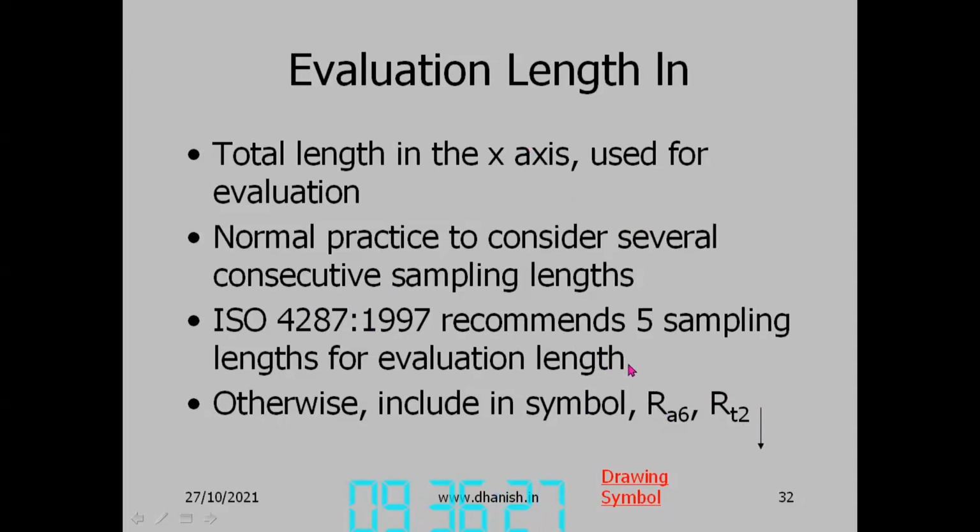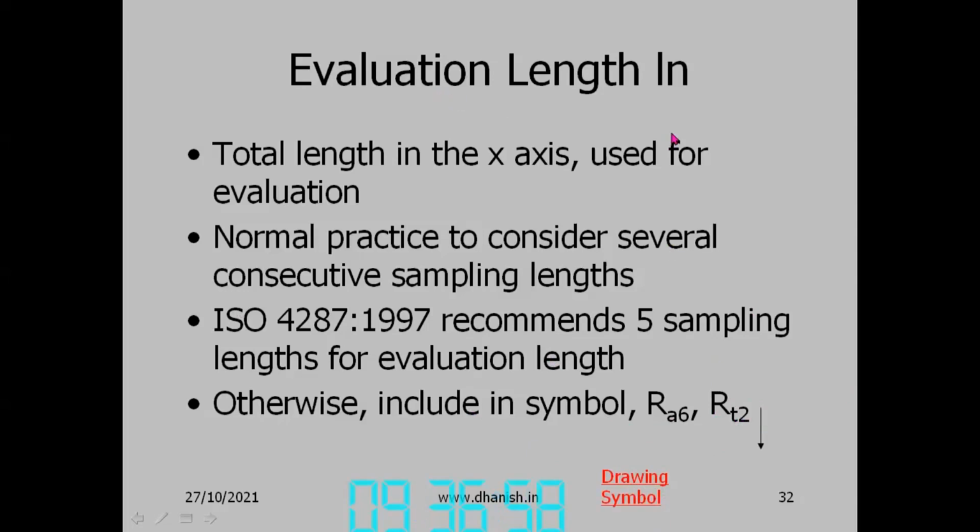If you simply say Ra, it means Ra from 5 sampling lengths. If you are determining from 6 sampling lengths, you should say Ra6. If you are determining Rt from 2 sampling lengths, you should say Rt2. Already we are seeing the drawing symbol and how this is noted in the symbol.